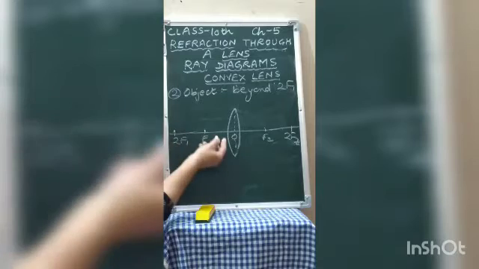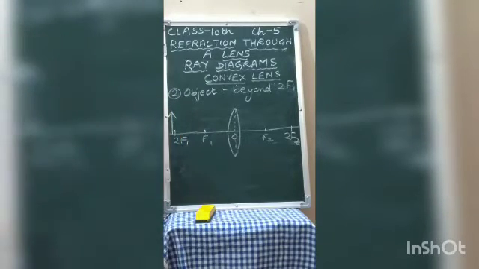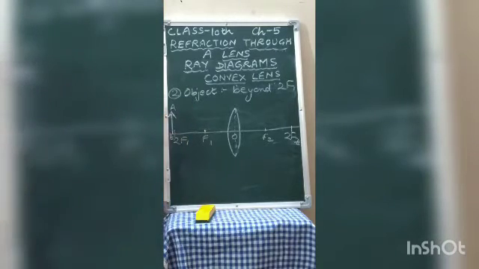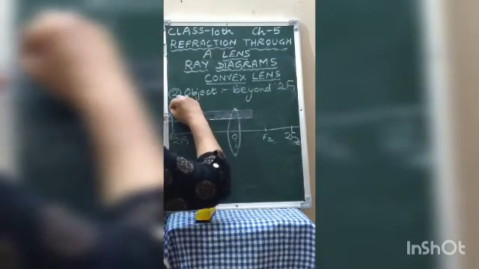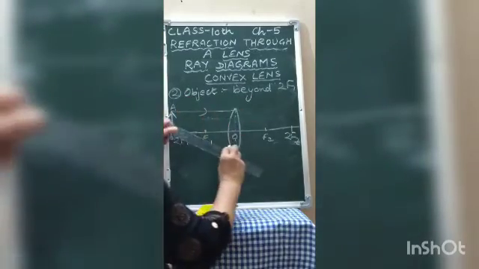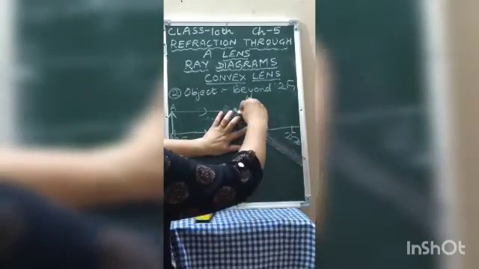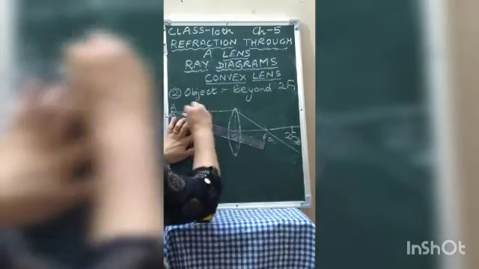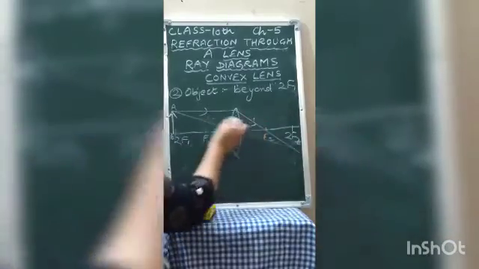Now since the object is beyond 2F1, you will represent the object by an arrow. Suppose this AB is an object. The ray starting from this point, which is parallel to the principal axis, after refraction will pass through the focus. But another ray passing through the optic center will go undeviated.